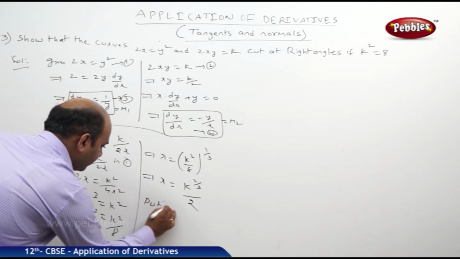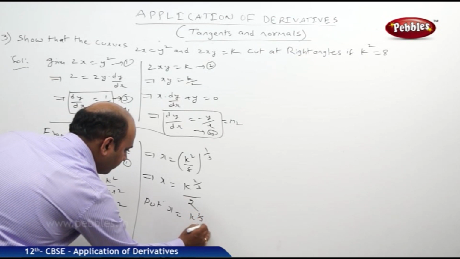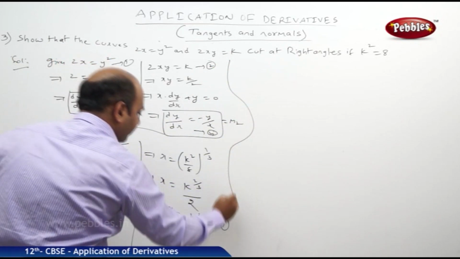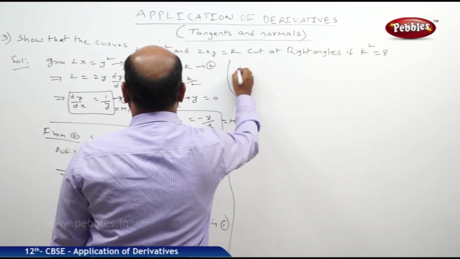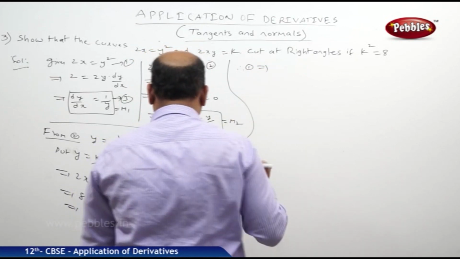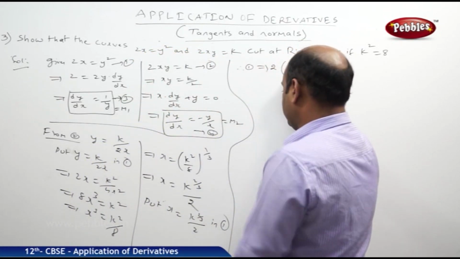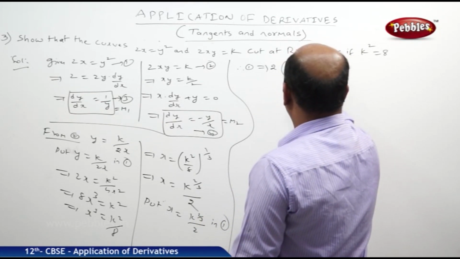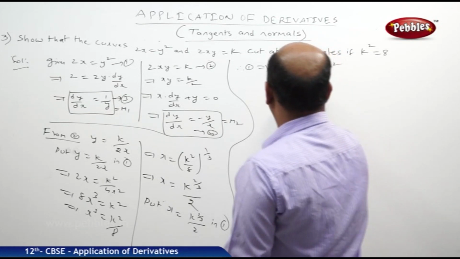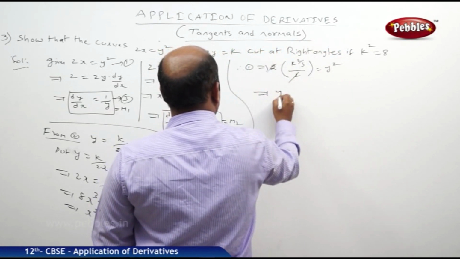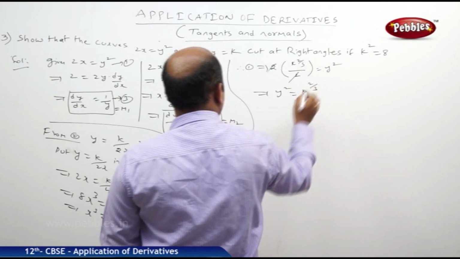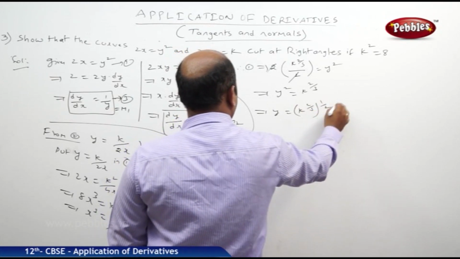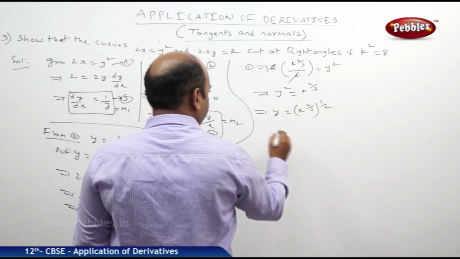So, what I will be doing? Put x is equal to k power 2 by 3 by 2 in 1. So, here I am continuing. That implies, therefore, 1 implies 2 into, in place of x, k power 2 by 3 by 2 is equal to y square. So, 2 will be getting cancelled. Finally, I got y square is equal to k power 2 by 3. That means y is equal to k power 2 by 3 whole power 1 by 2, because raising to the power.